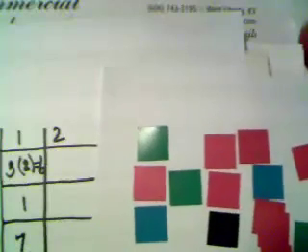In the second, there are 5 in each column and 2 in the middle, so there are 12 total.